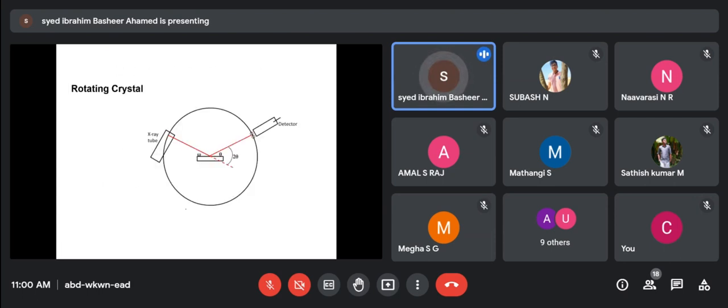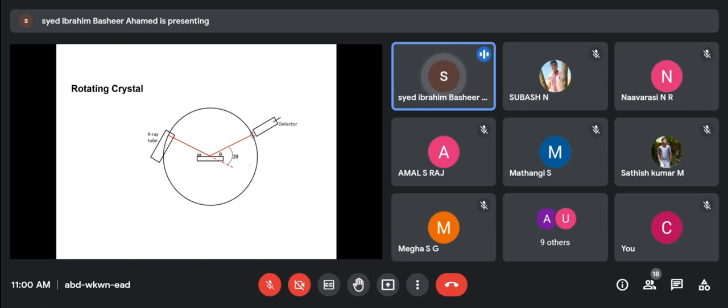Assume you have a crystal like this, and an X-ray beam hitting the crystal and diffracting. It makes an angle of theta, and around the angle of 2 theta you will have the diffraction.